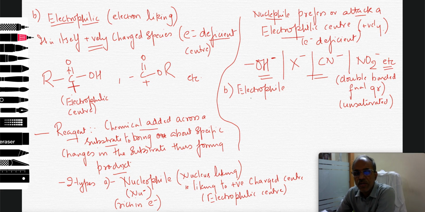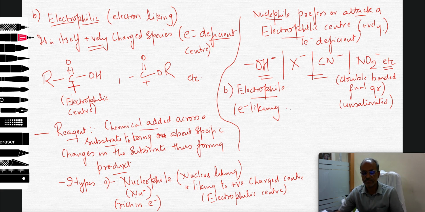Now what do you mean by an electrophile? Electrophile is nothing else but electron liking. It is denoted by E plus. Electrophile, E plus.